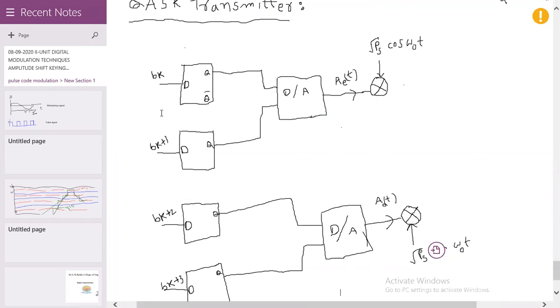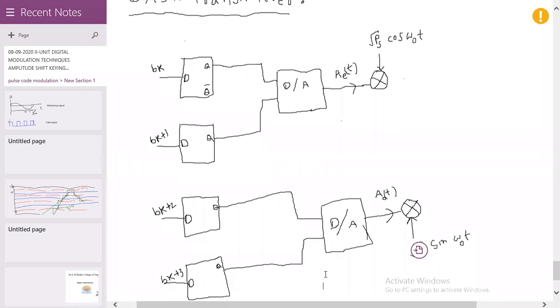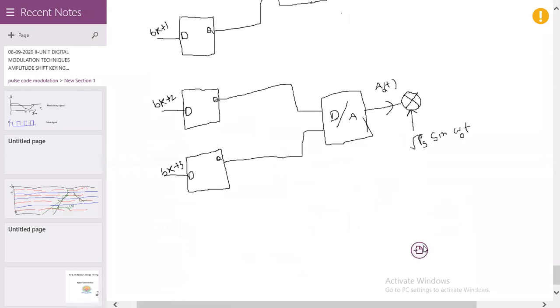That is a combination; we can indicate them as 0, 1, 2, 3, otherwise 1, 2, 3, 4 bits. The first 2 bits, B1 and B2, are given to the D-type flip-flop. The D-type flip-flop depends entirely on the clock. The clock is also compulsory here, so we add another block, the clock.